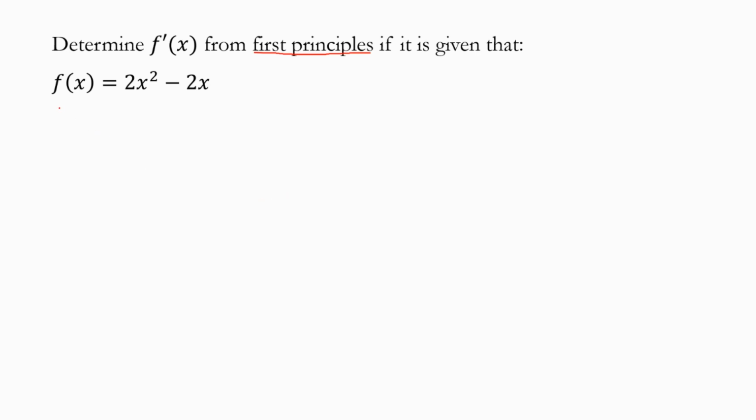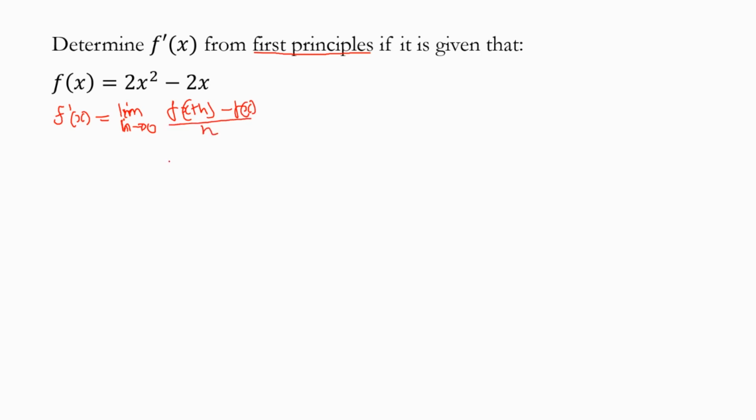Let's write our formula. The derivative of f of x, which is f prime x, is equal to the limit as h approaching 0 of f of x plus h minus f of x, over h.